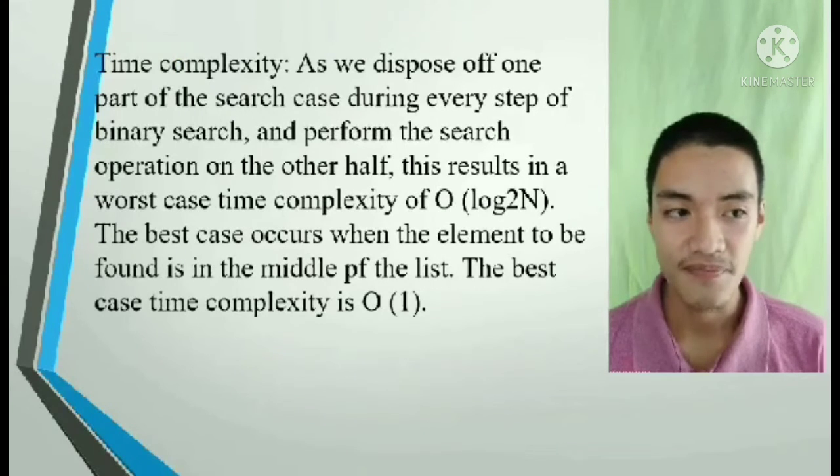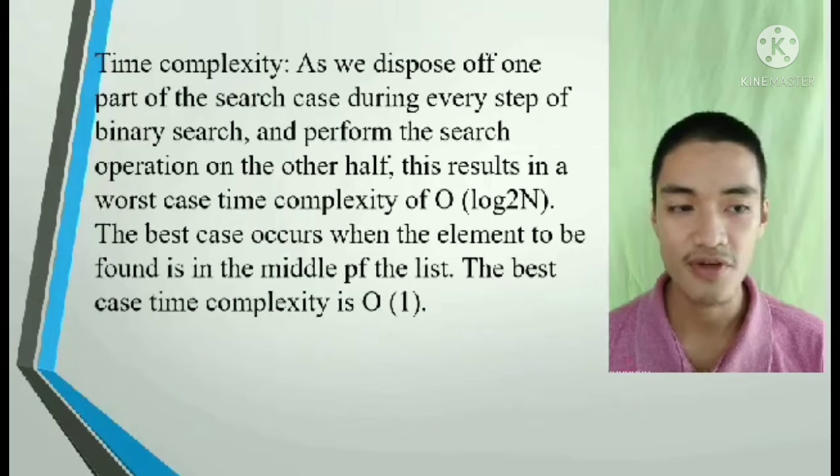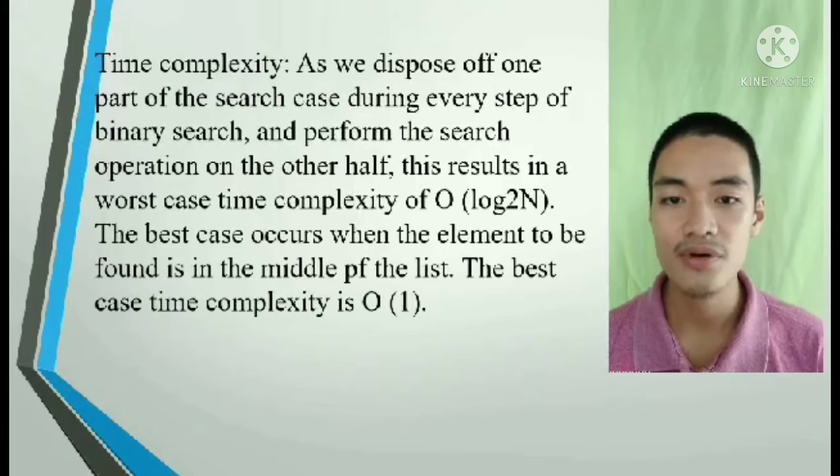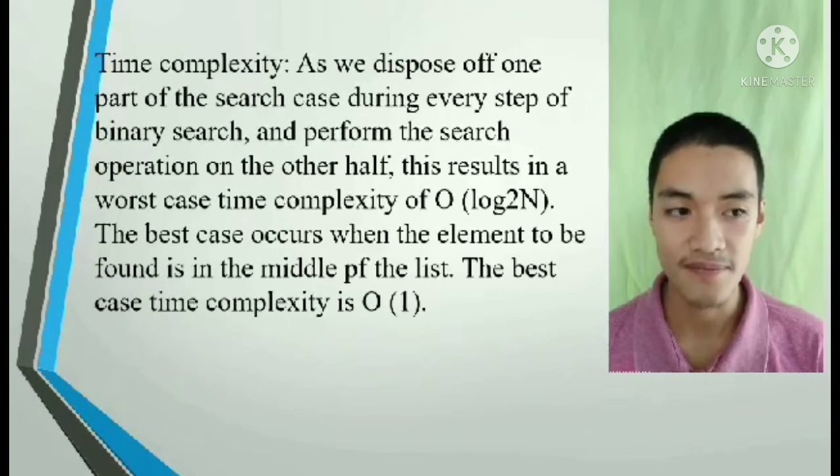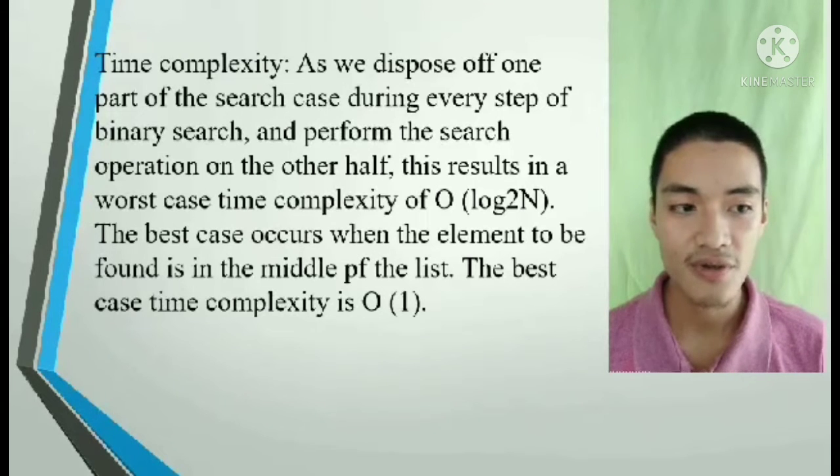Time complexity. As we dispose of one part of the search space during every step of binary search and perform the search operation on the other half, this results in a worst case time complexity of O(log2 n). The best case occurs when the element to be found is in the middle of the list.